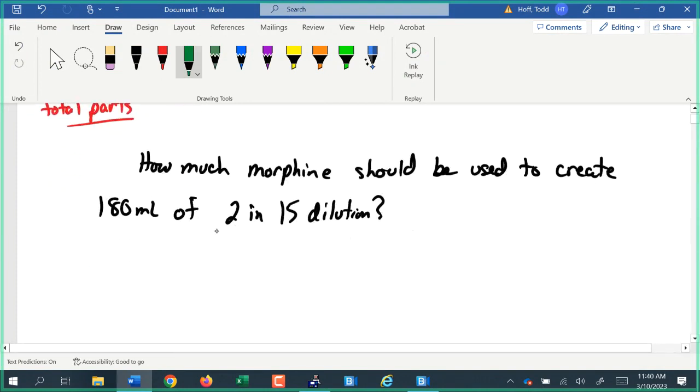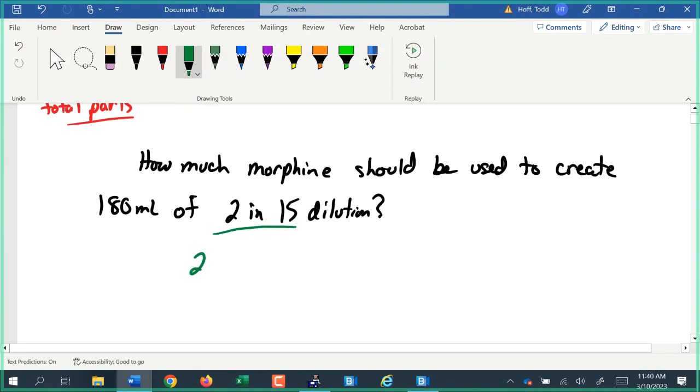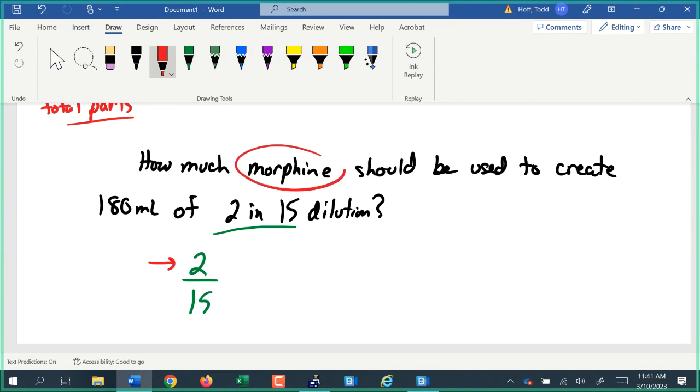So we have that 2 in 15, it's a ratio. And the 2 represents the amount of serum. In this case, the serum's the morphine, so we're going to go ahead and just put morphine there. And 15 is the total solution.